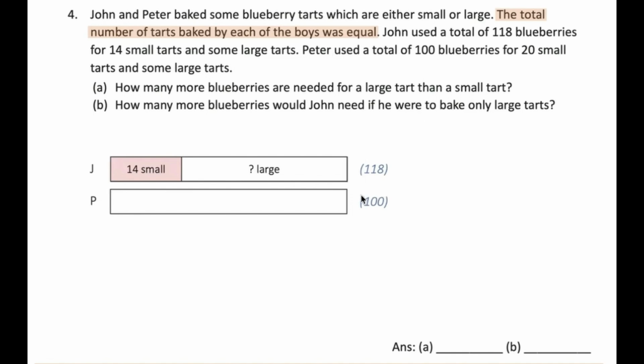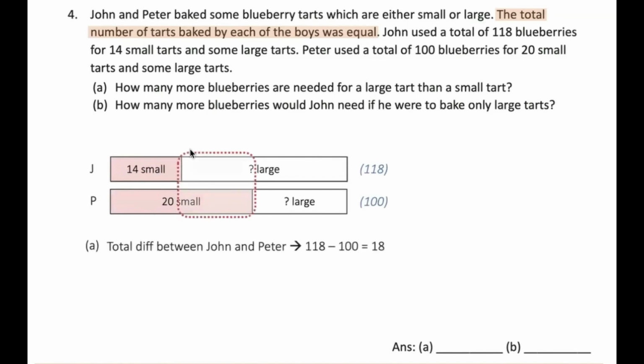Peter used 100 blueberries and baked 20 small and some large. Okay, so the total items are equal between John and Peter. The difference between them lies here. This is where the difference lies.